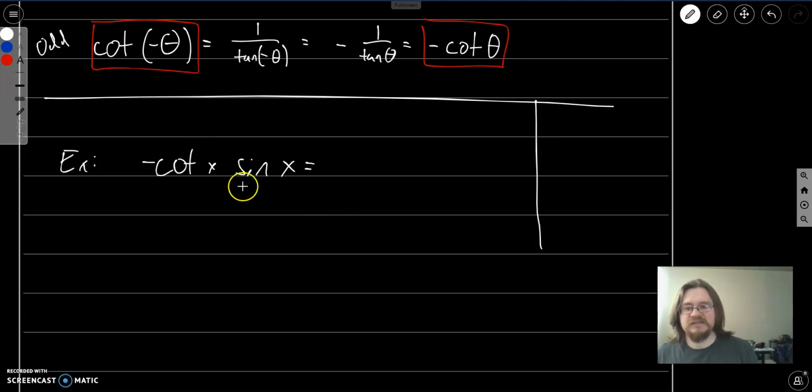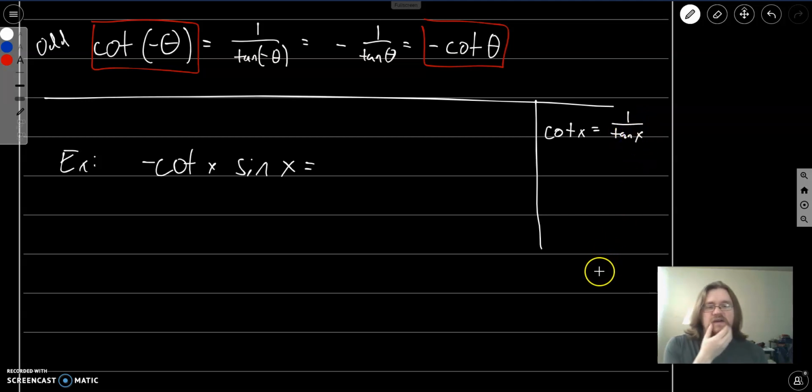So sine of x is already a sine, I don't have to change that. Cotangent, I do want to change a little bit. The cotangent of x is 1 over the tangent, and I can turn tangent into sines and cosines.